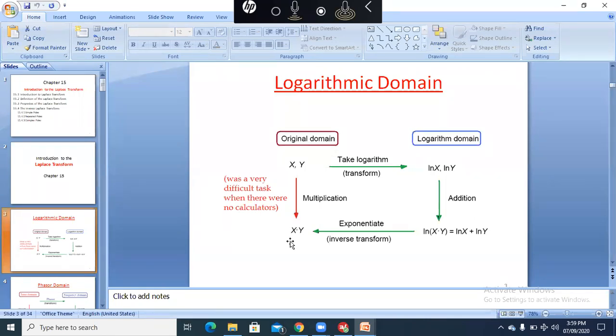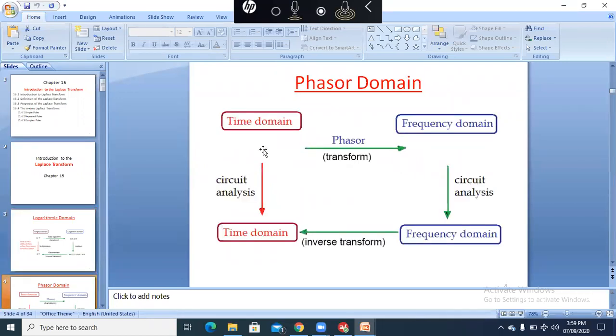Also we study the phasor domain, that in phasor domain we have the time domain representation, and we go to the frequency domain representation. We perform the circuit analysis in the frequency domain, and then we take the inverse transform back into the time domain.